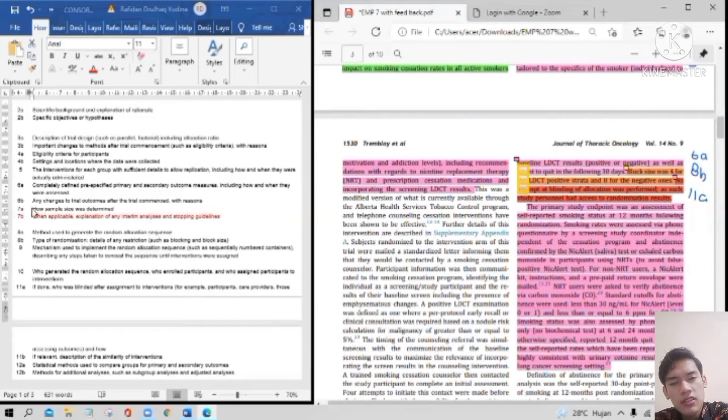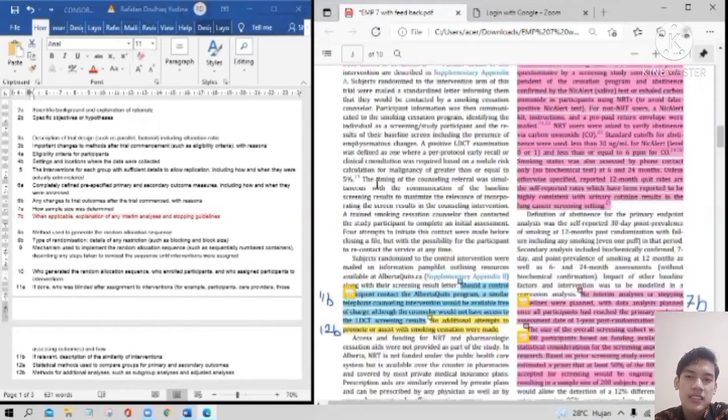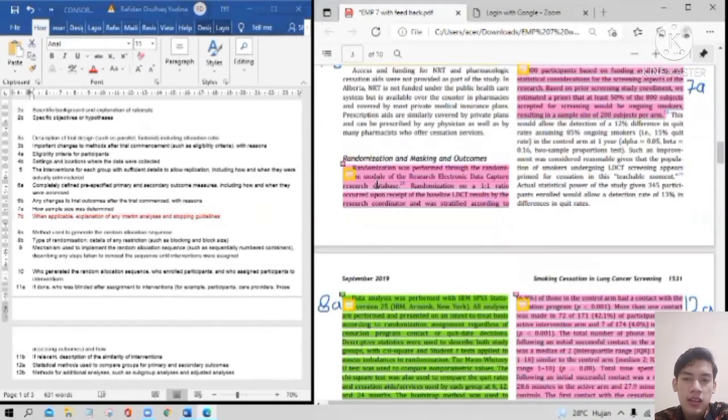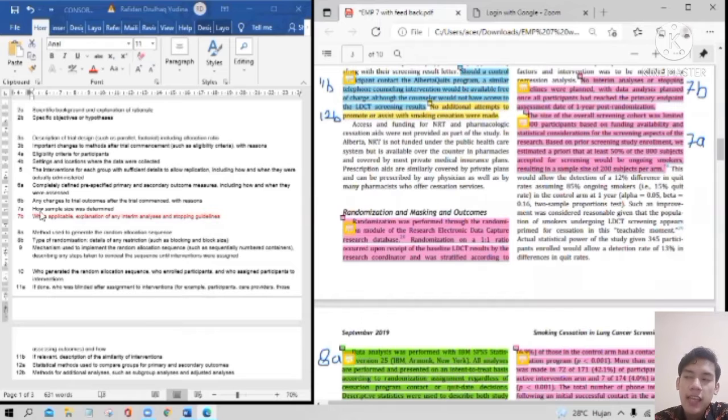And for number 6B, I think it is not reported in this article. So next one, number 7A, how sample size was determined. You can see the first sentence, the size... that is the sample size.